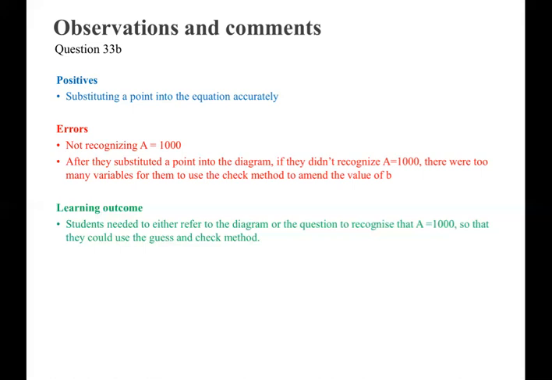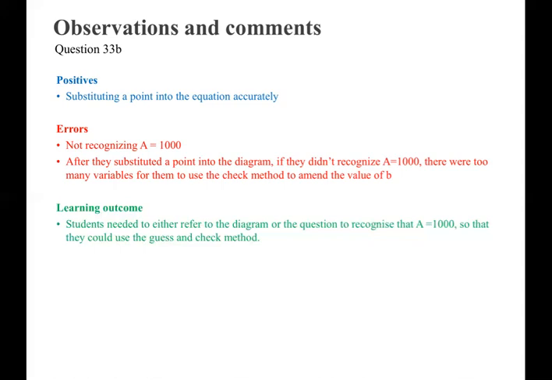So in this one, it was about reading that question, recognising that A was 1,000. It did say it was initially 1,000, so this is where it would have helped. We did have some kids that used logarithms to get the value of B, which would have been fine if they're using their 5.3 knowledge from year 10, and then using the guess and check method to find the value of B. There were some kids, because it said an upper and lower estimate, who were finding an answer and then just plussing 0.05 or minusing 0.05.